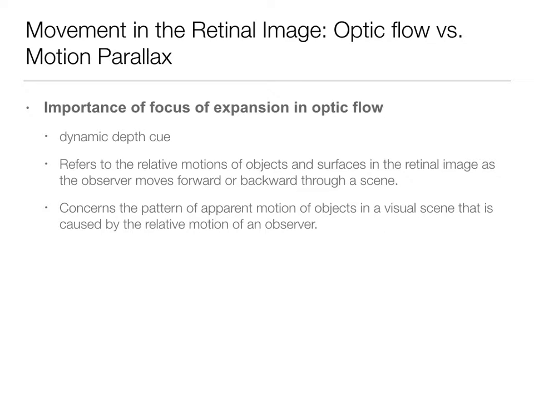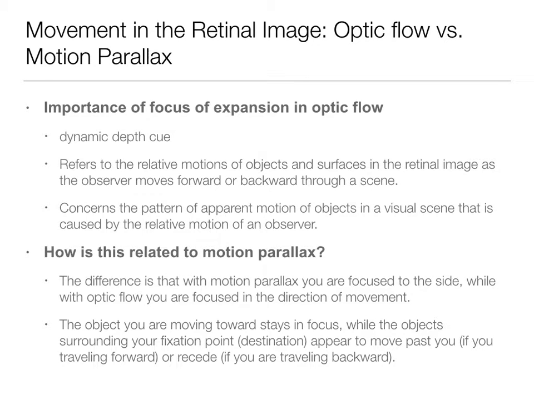And again, this is giving us information about movement of objects in our visual scene that's really caused by our movement. So as we walk closer to something, the visual retinal image changes. There's movement in our retinal image because we're walking closer. This is, again, related to motion parallax, but kind of opposite. Motion parallax is where you're moving side to side, and so that changes the movement in the retinal image, whereas optic flow is where you are moving forward and backwards, and that's how it changes the retinal image.